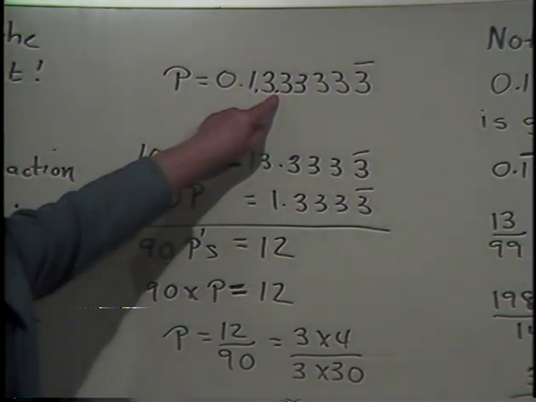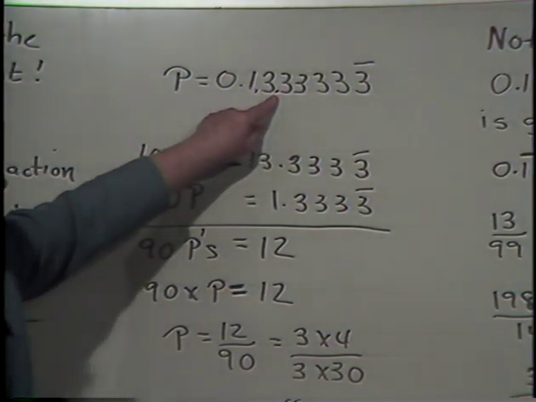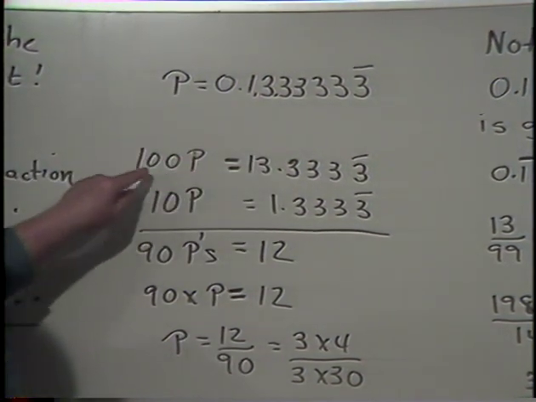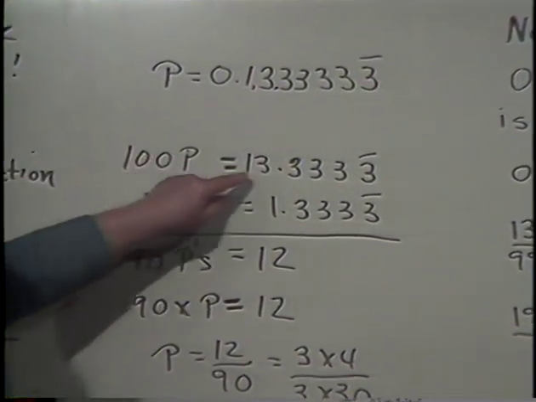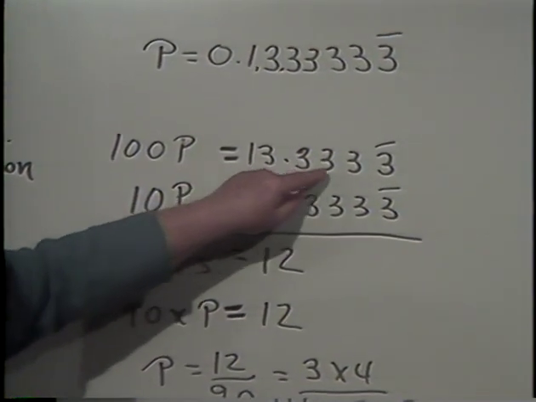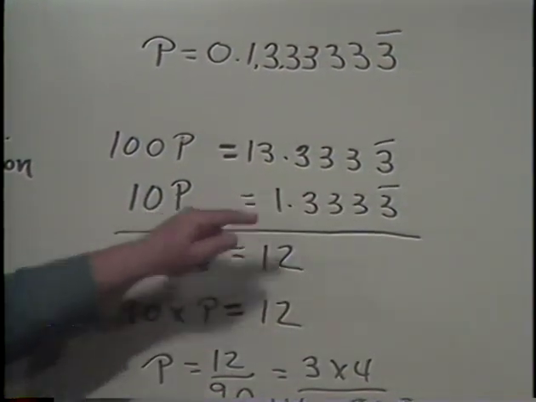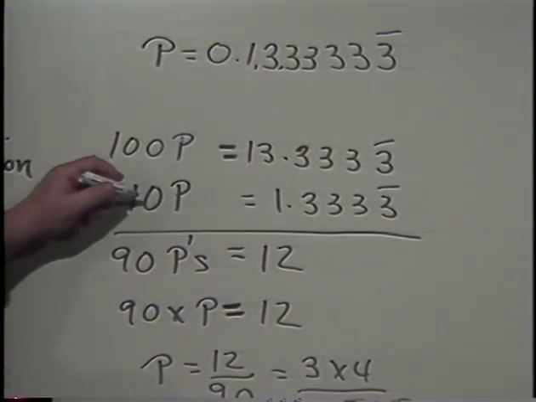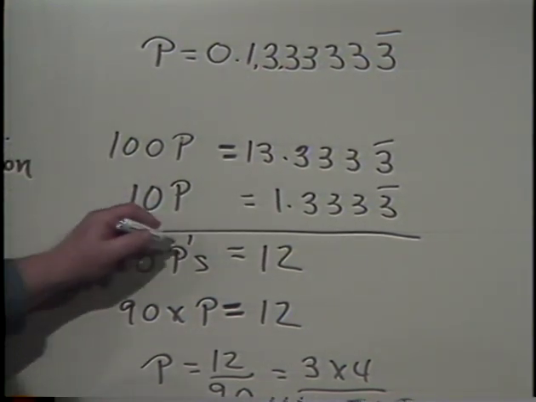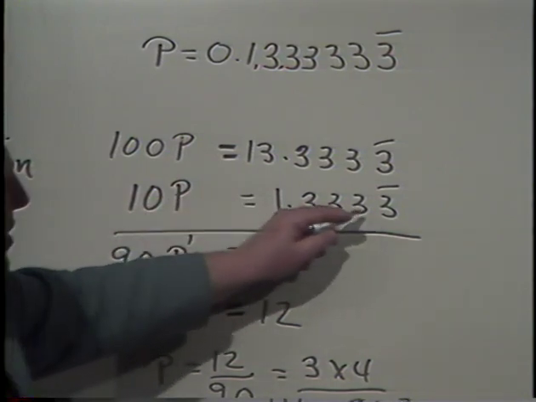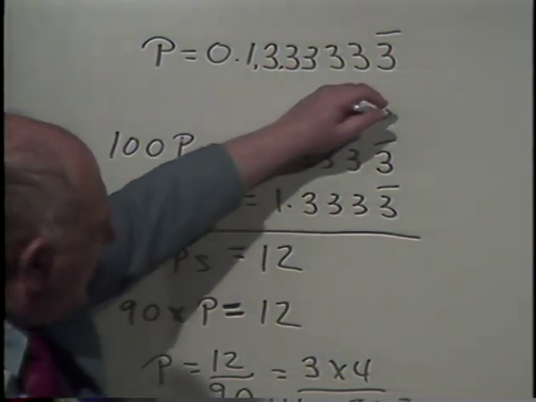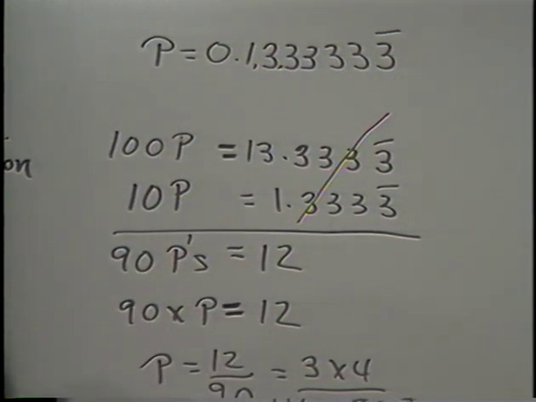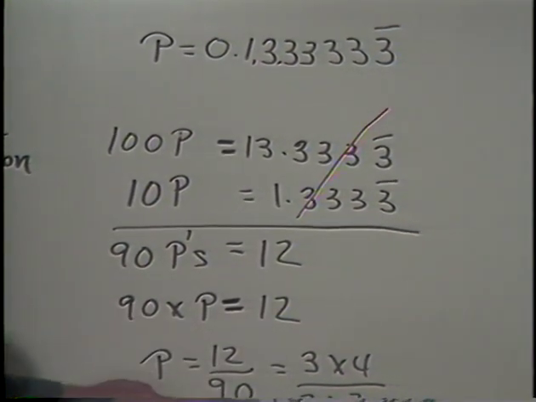Wouldn't the repeating cycle just be 0.33333 endlessly? But if I move the decimal point 2 places, I've multiplied p by 100. So 100 p's are 13.3333 endlessly. 10 p's are 1.333 endlessly. Now if I subtract 10 p's from 100 p's, I get 90 p's. Subtracting 1.3333 from 13.3333, the 13's cancel. 90 p's is 12. That means p is 12 over 90.